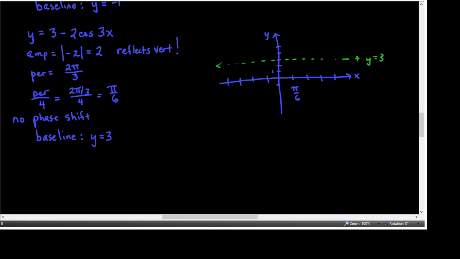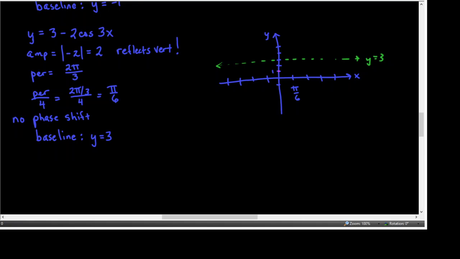So starting at 0, cosine of 3 times 0, so 3 times 0 is 0. Cosine of 0 is 1 times -2. 1 times -2 is -2, plus 3 is 1.